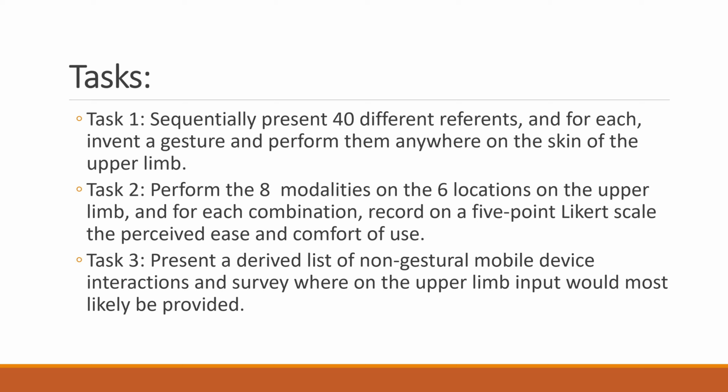And the third task was a derived list of non-gestural interactions with a mobile device, such as keyboards or different touch screens. It was a survey on where on the upper limb they would most likely input the similar input if they were provided an area on the skin.